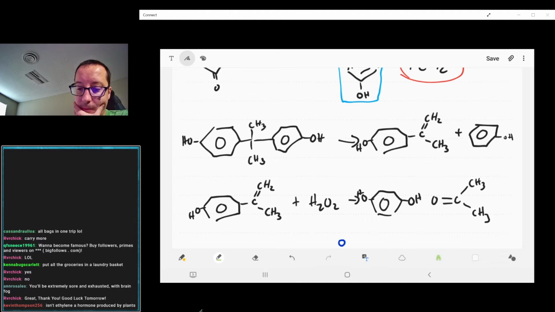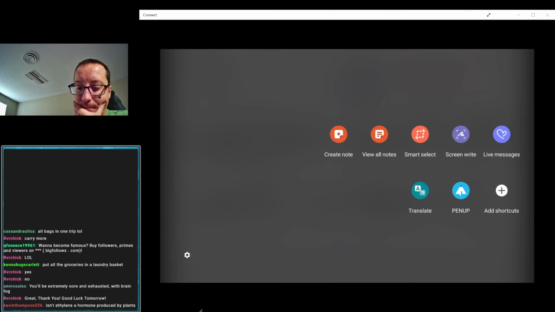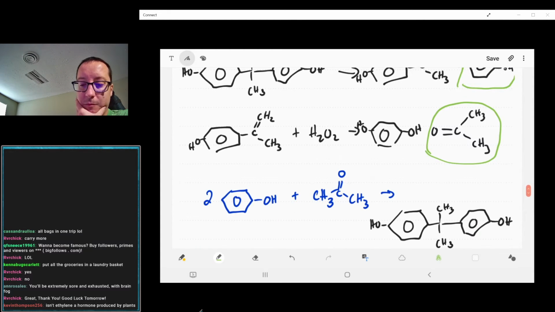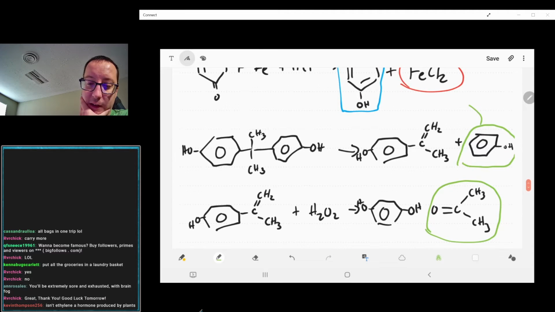So, we are going to end up with side product 1, side product 2, but we put those together and we end up making our starting material again. So we're not going to end up wasting these. We can just isolate them and use them to do the process over again.